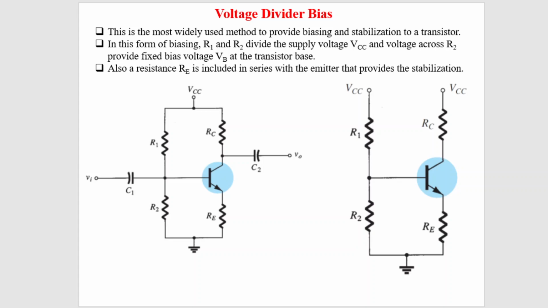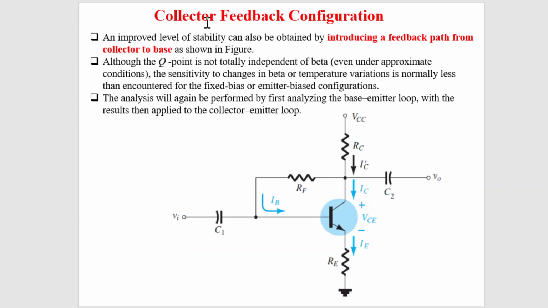Then I introduced another technique, collector feedback. In this technique, a feedback circuit is introduced from collector to base through a feedback resistance. That is why it is also called collector to base bias, or collector feedback configuration.